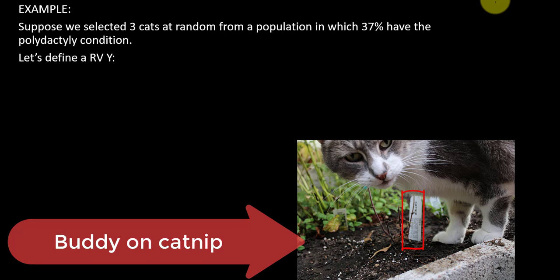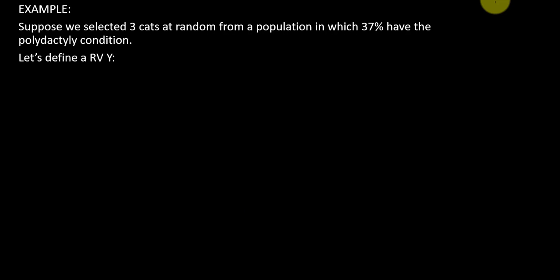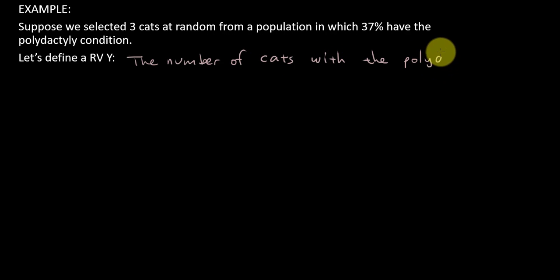So let's define the random variable. We'll use the letter y, and y will represent the number of cats with the polydactyly condition.